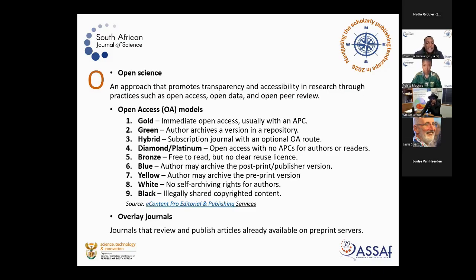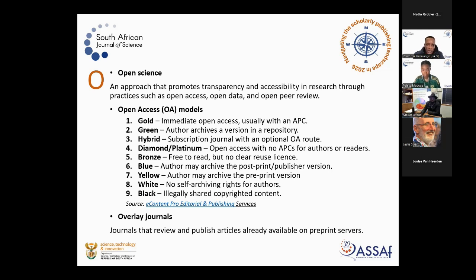Open science is an approach that promotes transparency and accessibility in research through practices such as open access, open data, and open peer review. We have a few different open access models. We have gold, which is immediate open access, usually with an APC.